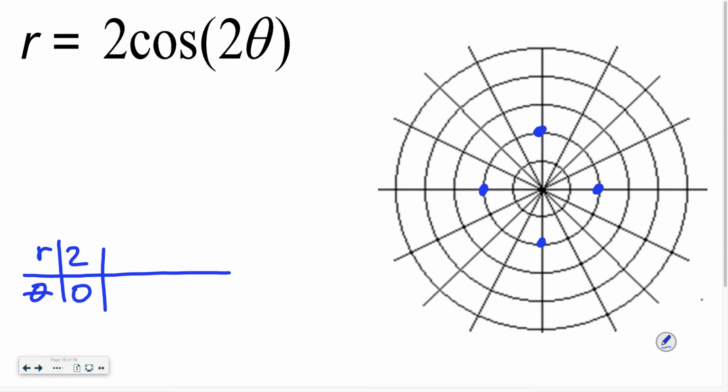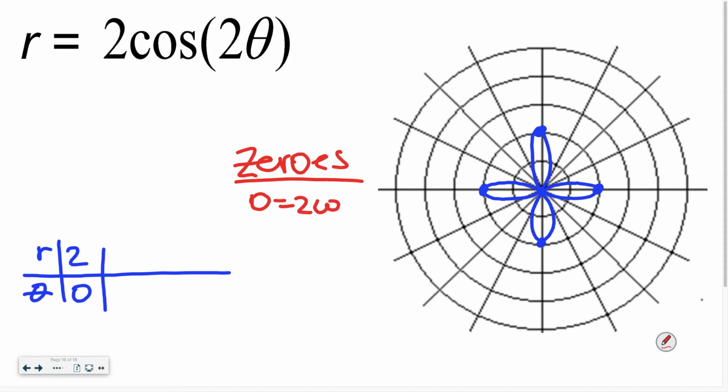Will you please walk as I draw? I want you to count the number of times I go through the pole. Are you ready? 1, 2, 3, 4. So, if we go to find zeros, how many do we need to find? 4.